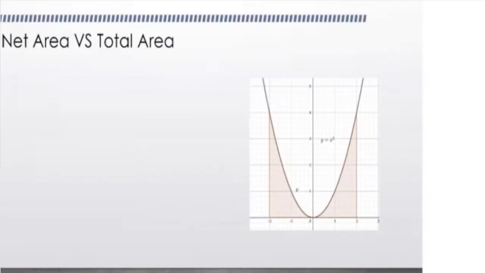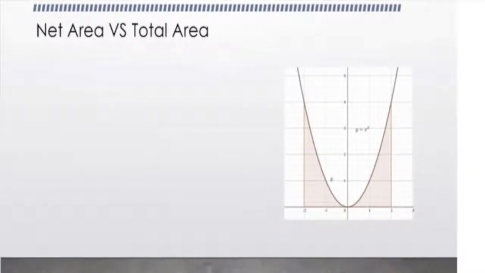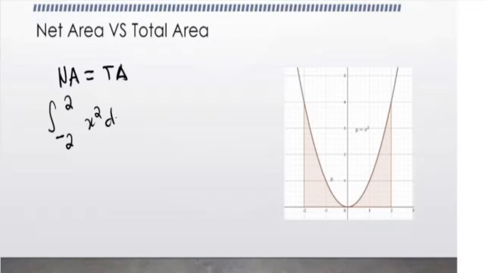Okay, we have y equals x squared from negative 2 to 2. Note na in this case, the net area would be the same as the total area. Kasi, yung gusto naman nating kunin ay above the x-axis lahat. Okay? So, we simply can solve for the definite integral from negative 2 to 2 ng x squared dx.